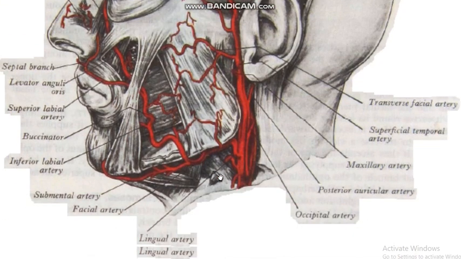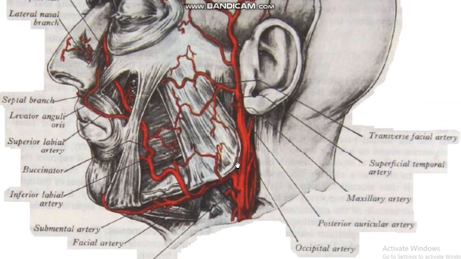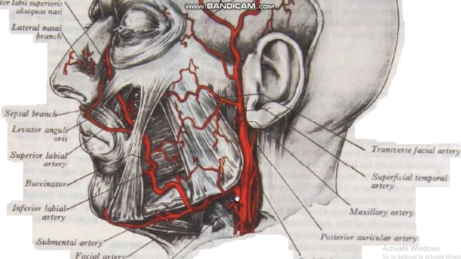Now, if we look at the cervical part of the facial artery, the first branch that we will find here is a branch which is called the ascending palatine artery. Now, you cannot see the ascending palatine artery in this picture because it is passing deep to the mandible.